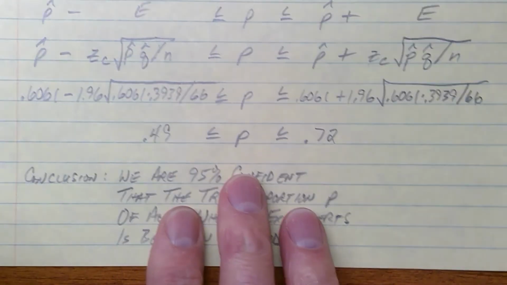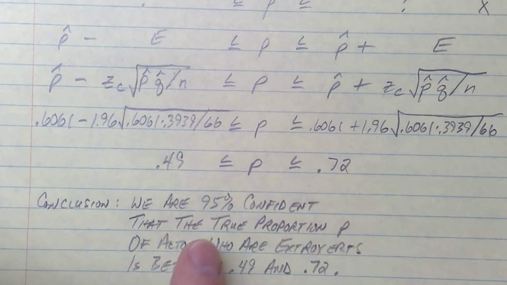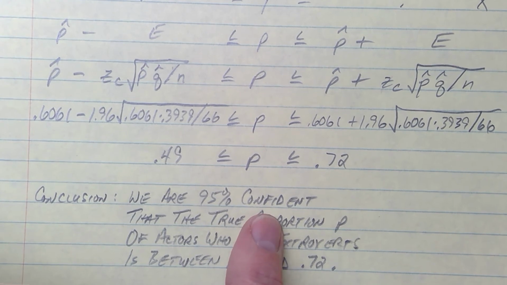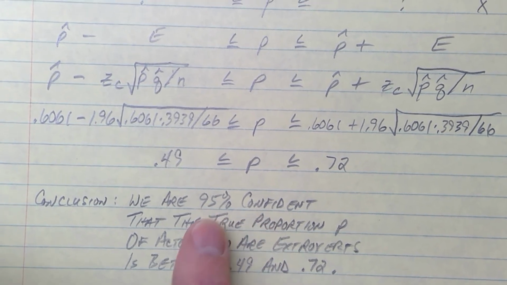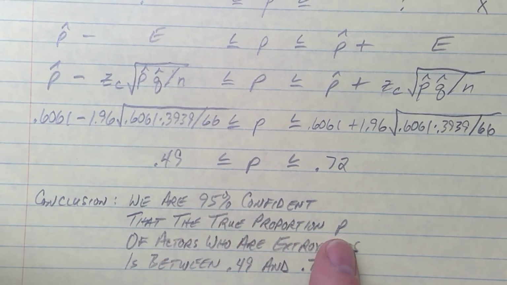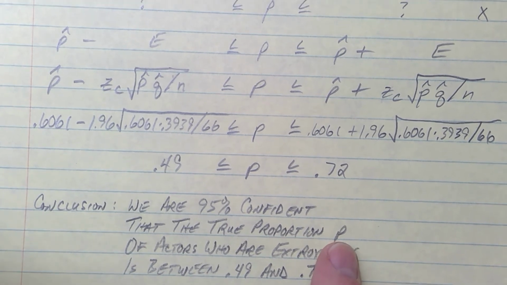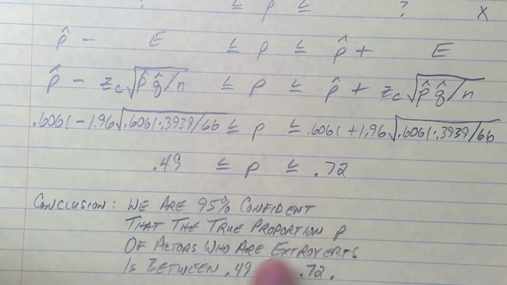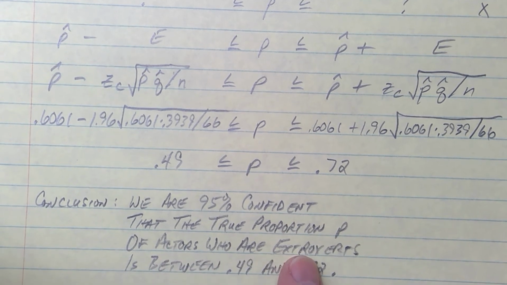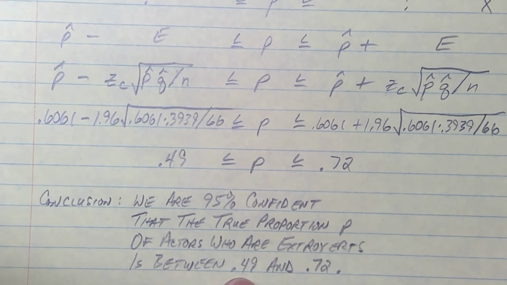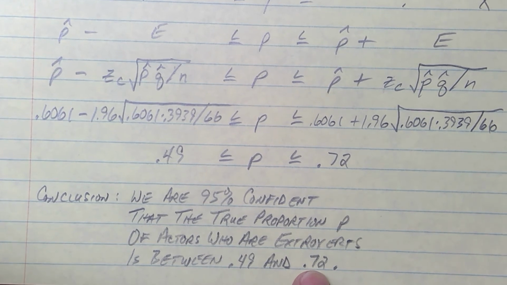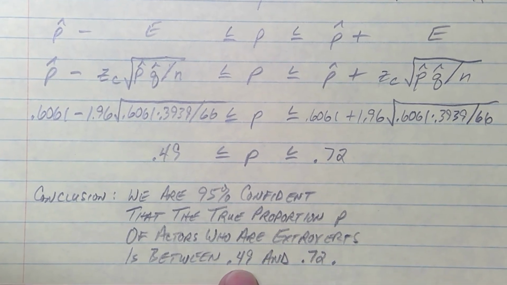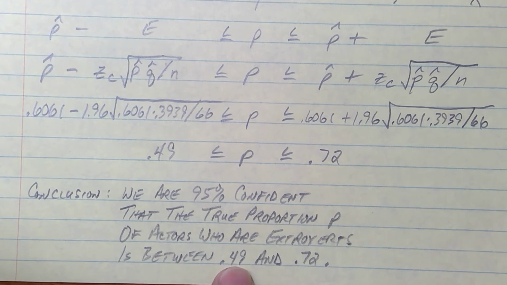All right, so our final conclusion here is we are 95% confident, that was our confidence interval, that the true proportion p, that true fraction that we're kind of guessing at, of actors who are extroverts is somewhere between 0.49 and 0.72. So if we're talking proportions, these should probably be fractions. That's 49 out of 100.